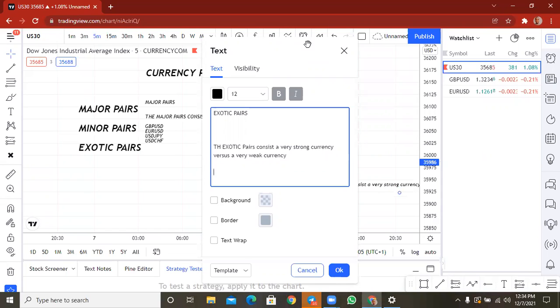Okay, exotic pairs consist of a very strong currency versus a very weak currency.